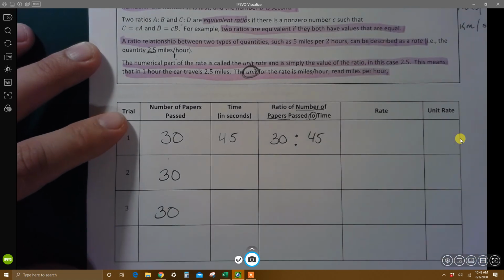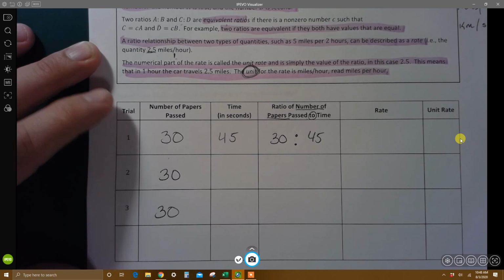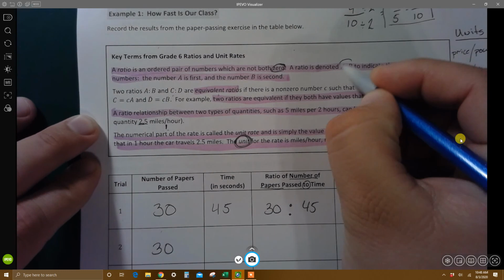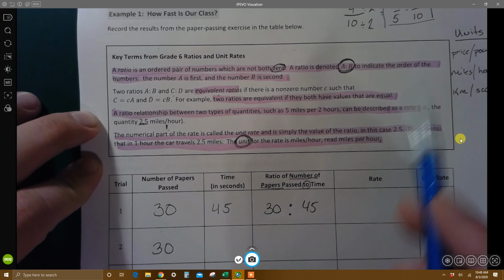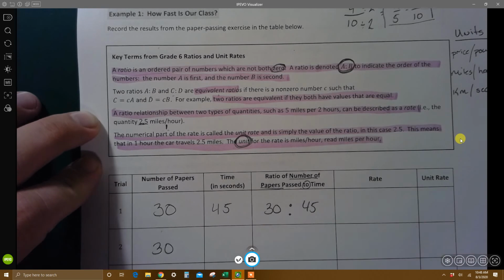So there's our ratio, 30 to 45. If you remember, that's the reason why we write it like that, because in our nice little definition up here, it says a ratio is denoted as A colon B. So we got to make sure we write that little colon.